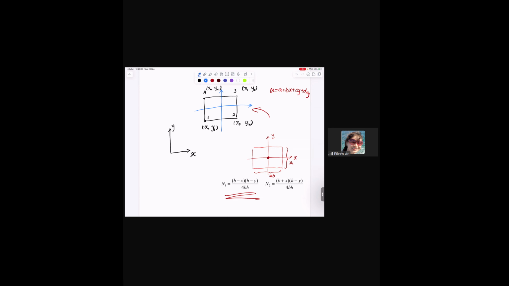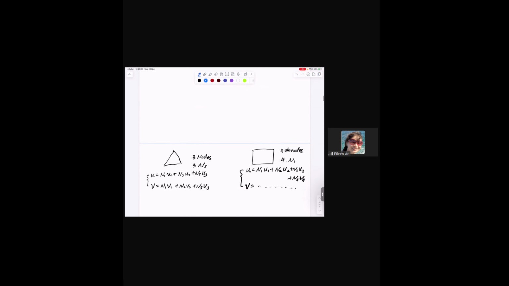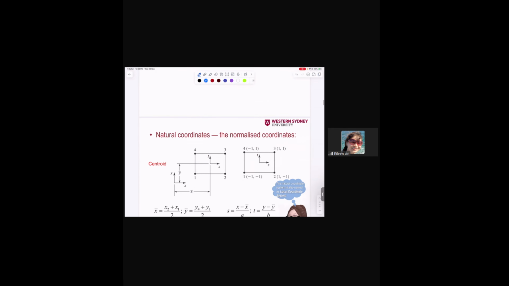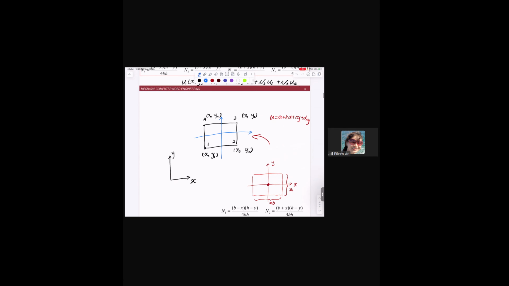I call this coordinate system, instead of x, y, I call it s and t. Right? I can create another coordinate system, and I locate this s, t coordinate system at the center of this rectangle.